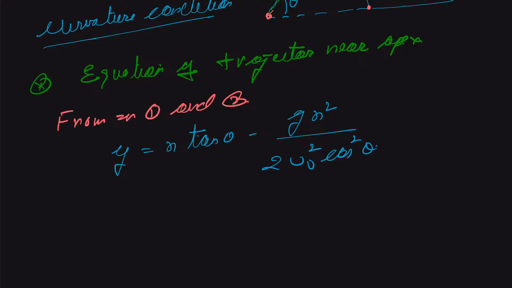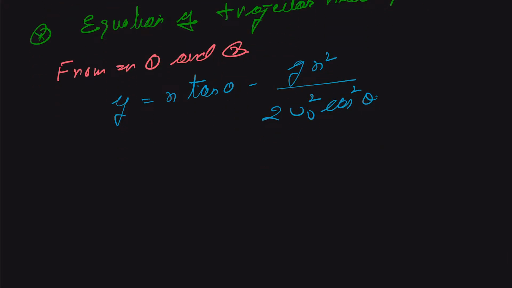So substituting the time from equation 1 into equation number 2, we get this equation of trajectory. And we also know that at apex, x is equal to 0 and y is equal to y max, which we already know.